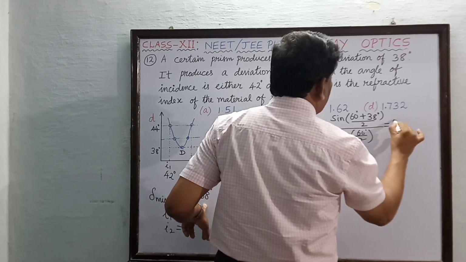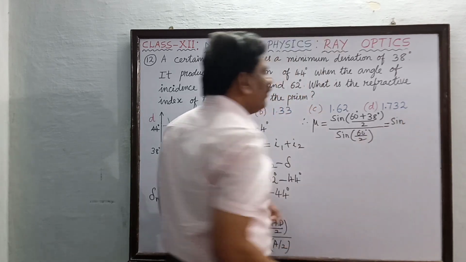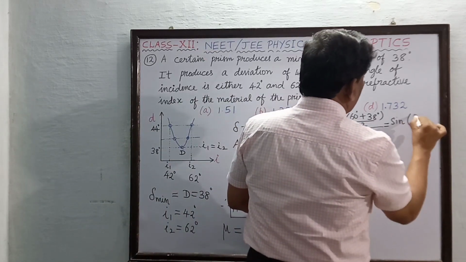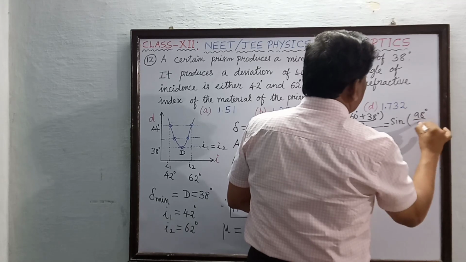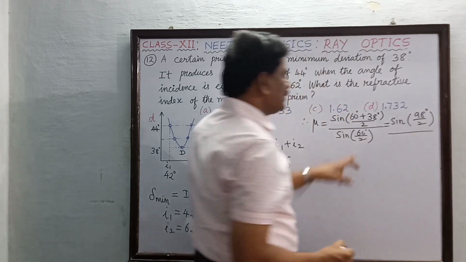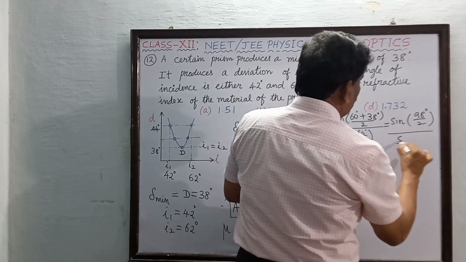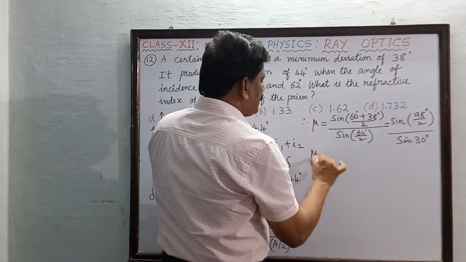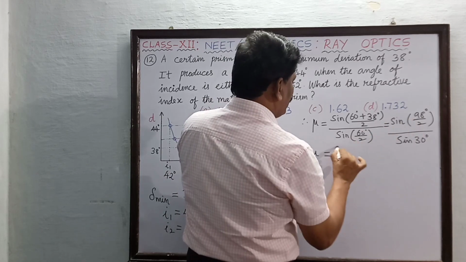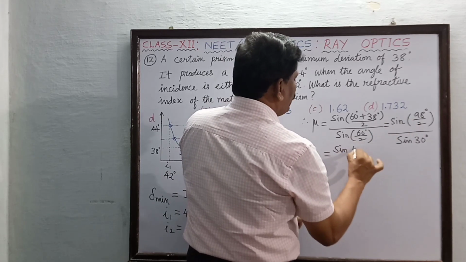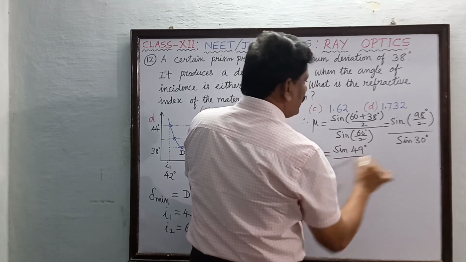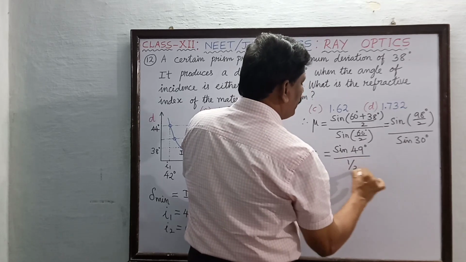So this is sine of 98 by 2, whole divided by sine 30. So mu is now equal to sine of 49 degrees divided by sine 30, which is 1 by 2.